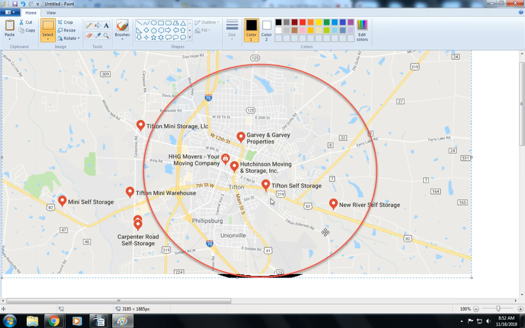We can go even further, and we can compare like this mini self-storage. We could do a 3 mile radius around that and assess it properly.